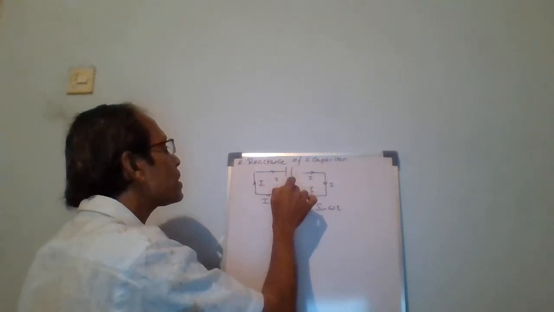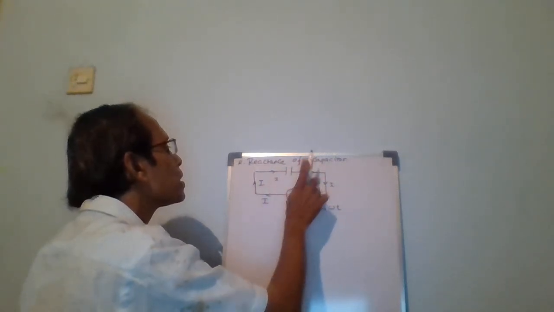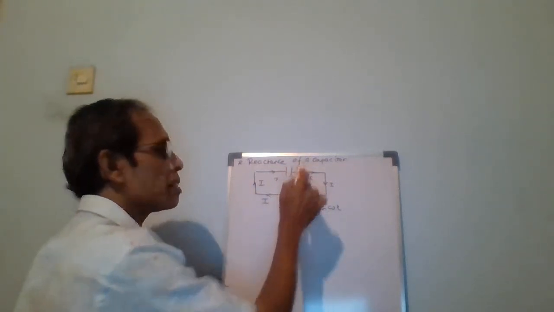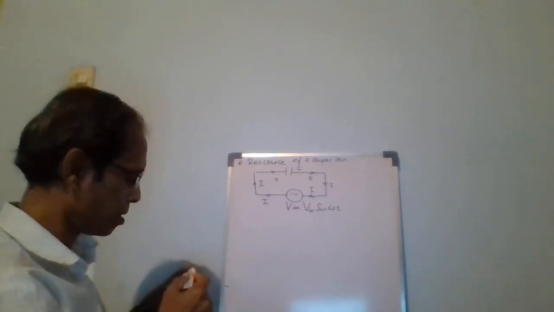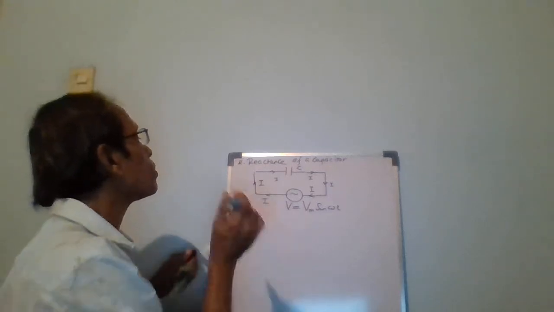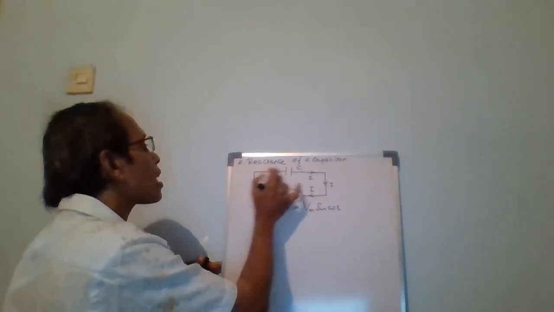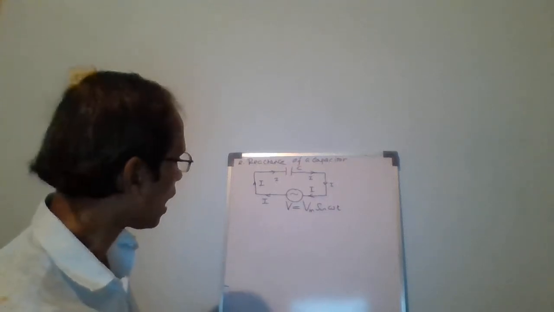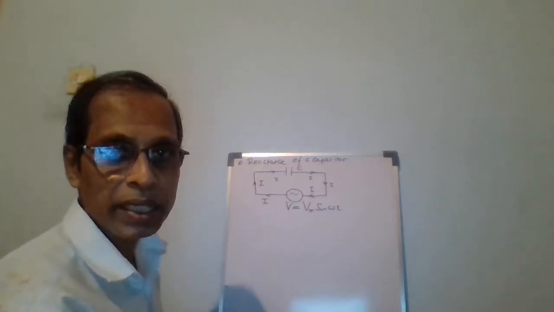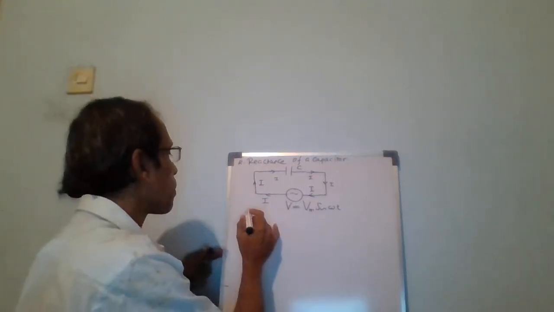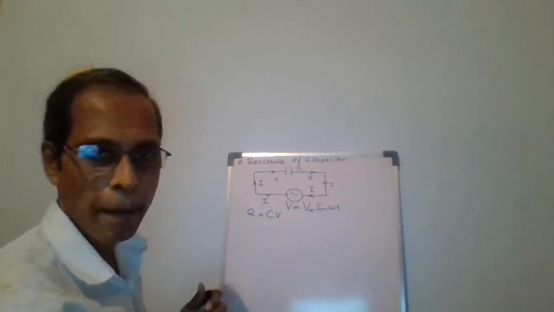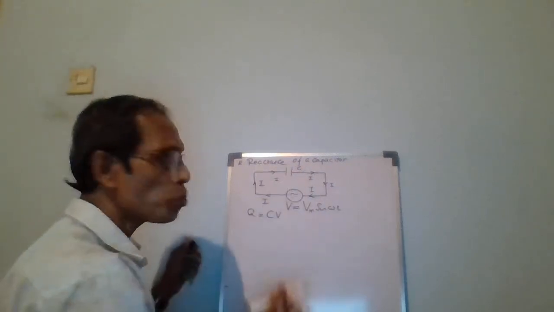If we had a capacitor like this, with capacitance C, and the current flowing through it is I. We know the fundamental equation of capacitors: Q equals CV, where V is the potential difference between these two plates.